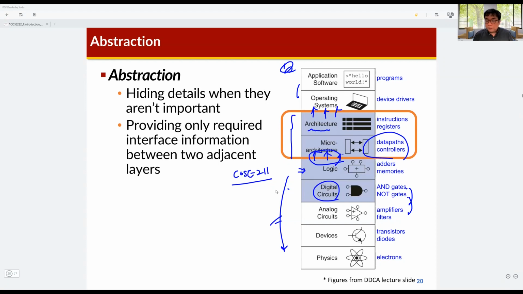For example, in this course, we will focus on the architecture, but we will also study the interfaces between architecture and operating systems, though only slightly, not the entire operating system. So it's some kind of concept of abstraction.